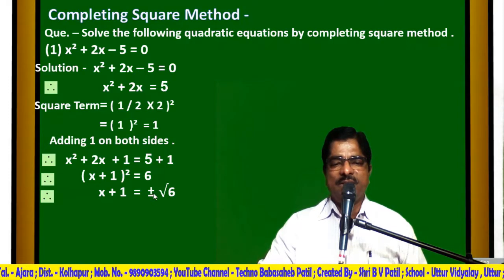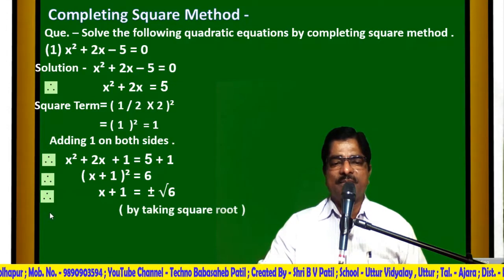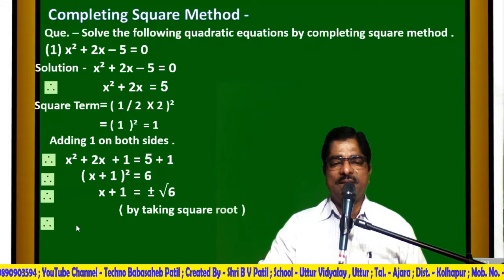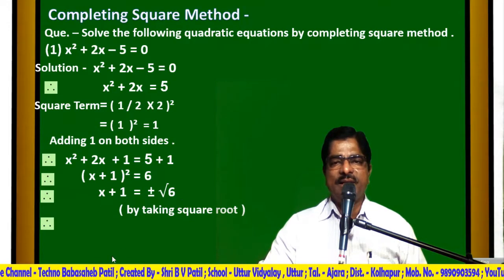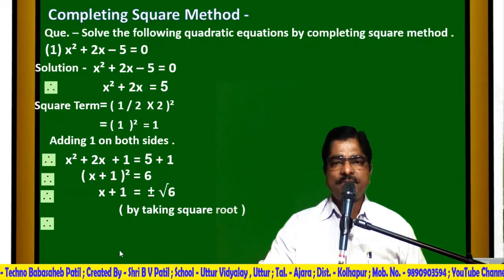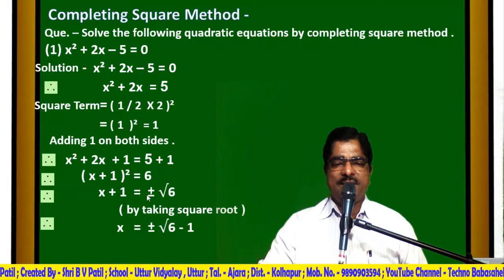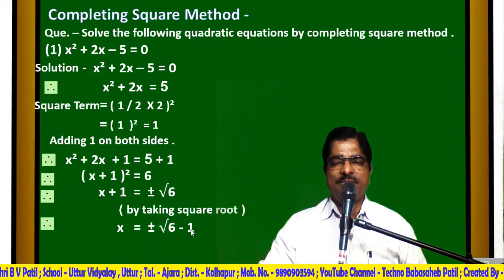Therefore we get positive and negative possibilities, by taking the square root. Therefore, taking this plus 1 to the RHS, we get x is equal to plus or minus root 6 and plus 1 becomes minus 1.